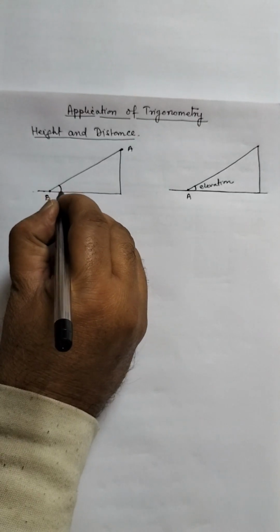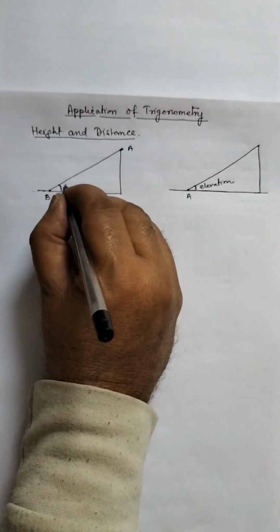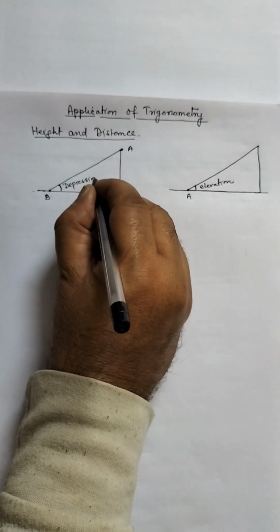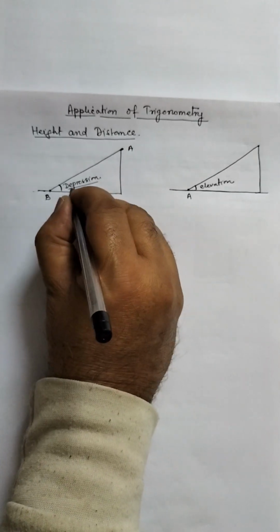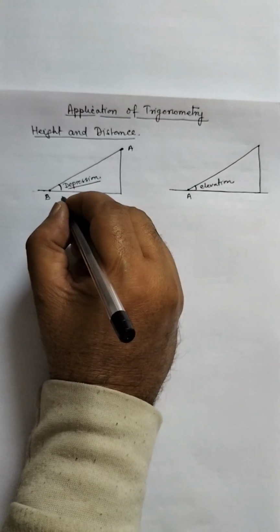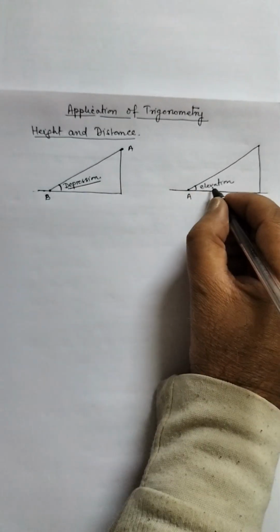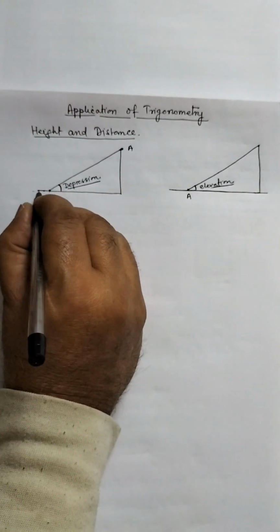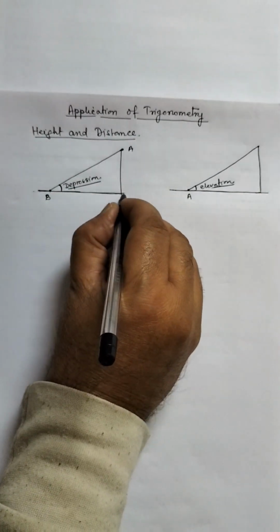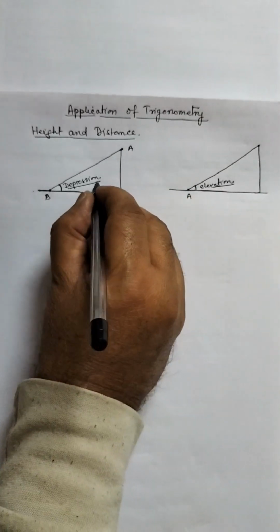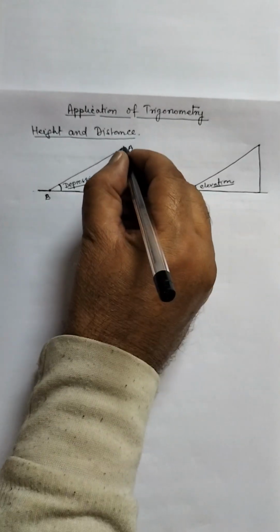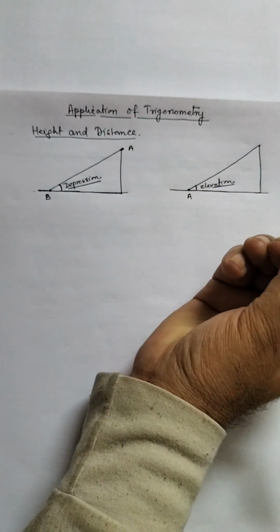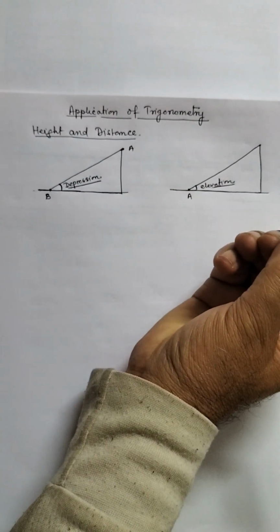Again this angle, with this reference, will be known as the angle of depression. Now, one thing should be very clearly noticed, that the angle of depression and angle of elevation are made with the horizon, but the reference is with respect to the location of the observer. Let us understand through some examples.